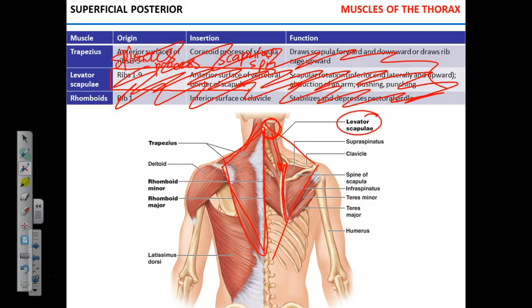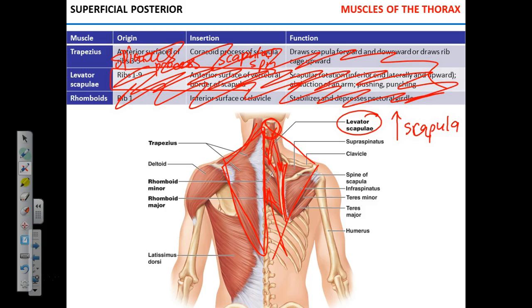The function of levator scapulae is to elevate the scapula. And the third muscle is rhomboid. There are two rhomboids, minor and major. You can see rhomboid major and rhomboid minor. On the Arnold, you can see major under the number 59 right here.